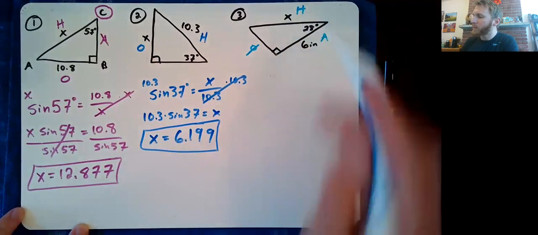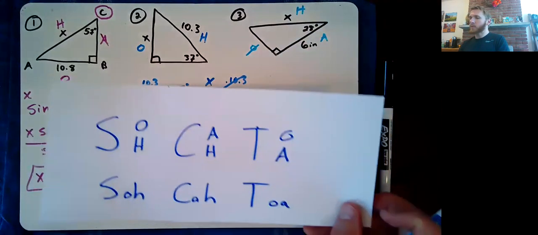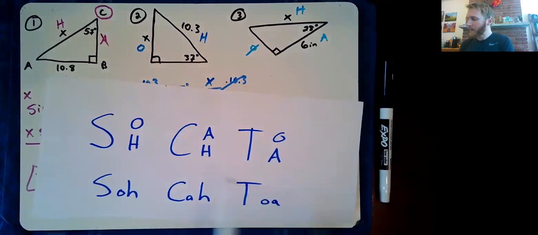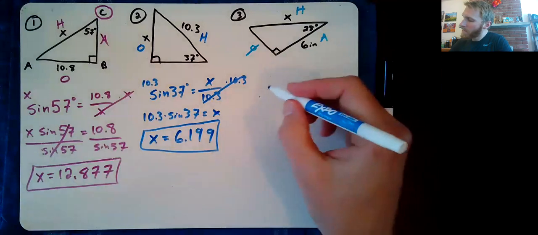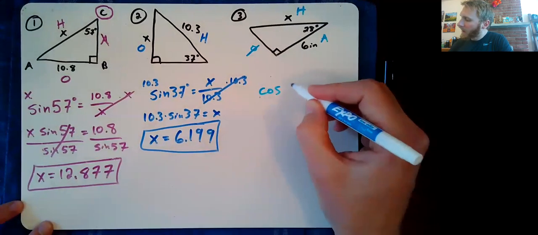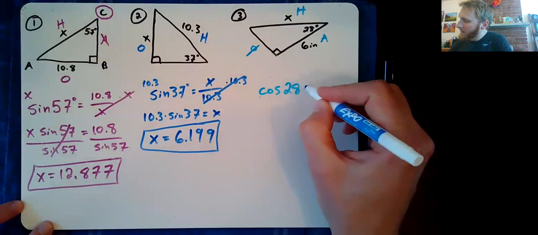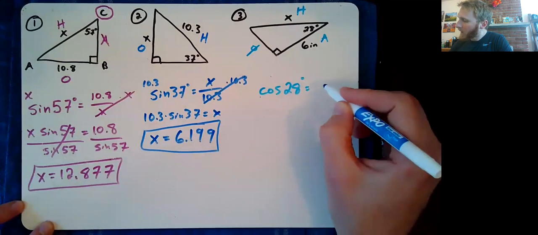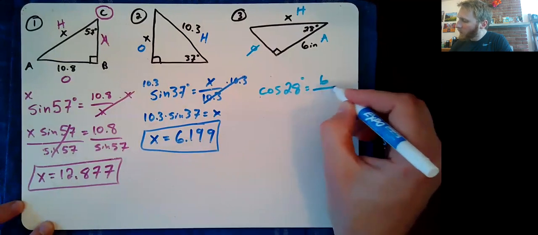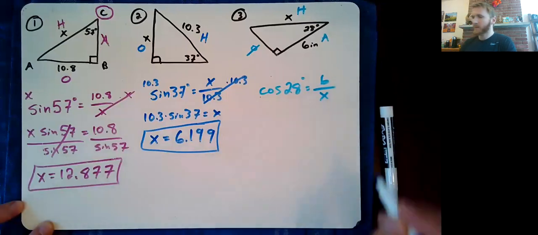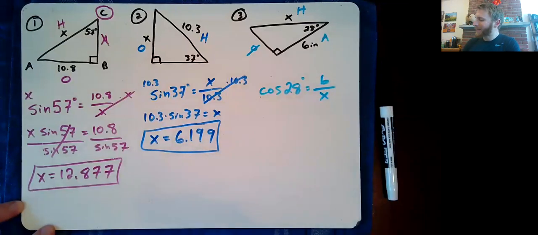So I want to use my adjacent and hypotenuse, which if I pull out my SOHCAHTOA, adjacent and hypotenuse is cosine. Cosine of 28 degrees equals adjacent, which is 6, over hypotenuse, which is X. And that's my setup.